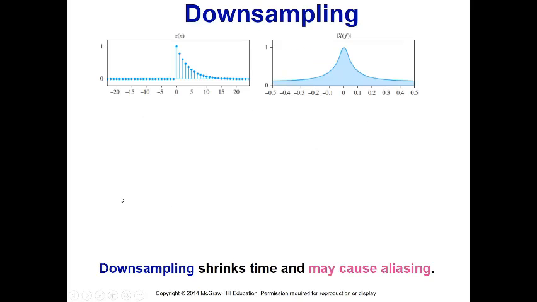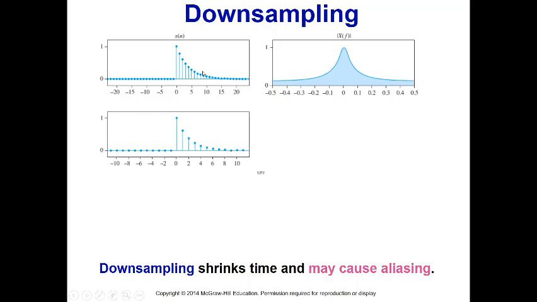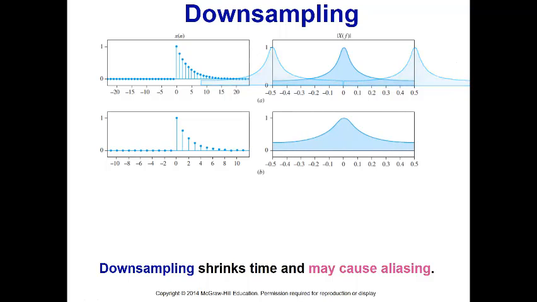So here's an example of a signal that's not terribly band limited. It's a causal exponential signal that happens to have this magnitude response. If I take that bunch of samples and downsample it by a factor of 2, so I throw away every other one, then I'm moving my spectral copies in towards 1/2, and we see we're going to get more overlap, more aliasing going on than we had originally.